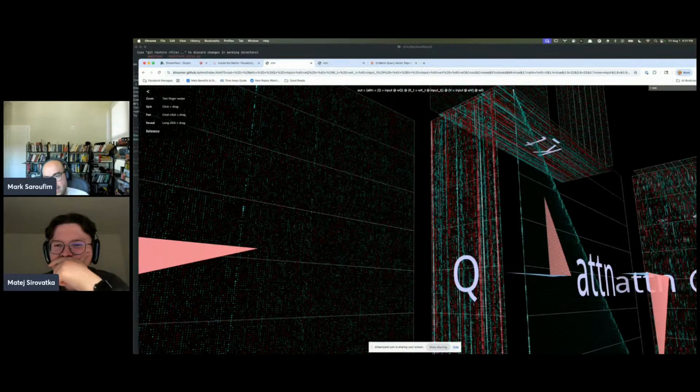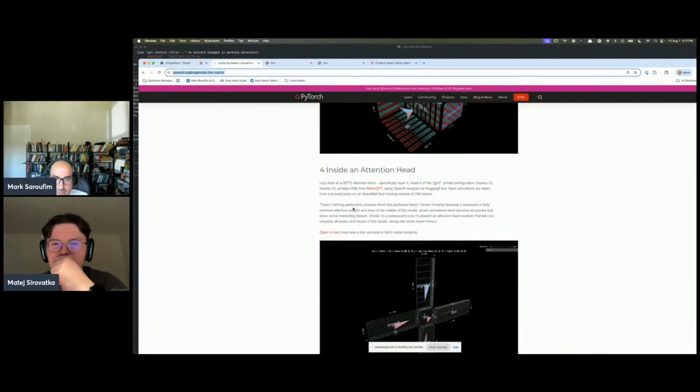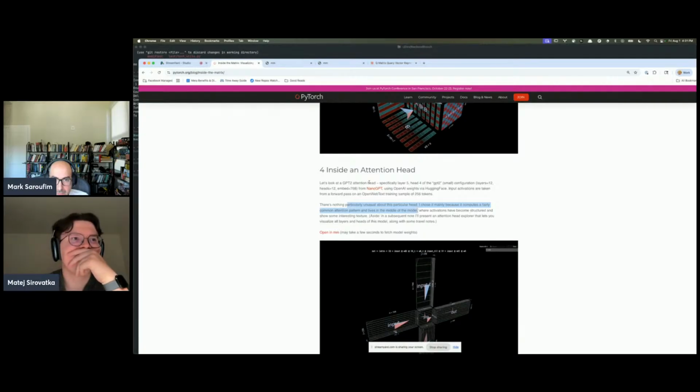So this means that maybe it's a head that pays attention to syntactic information like capitalization and dots and things. Specifically, this is layer 5, head 4 of the GPT-2 small configuration.